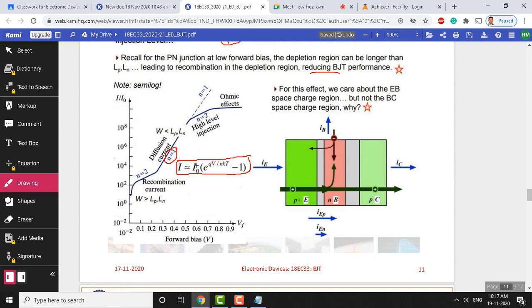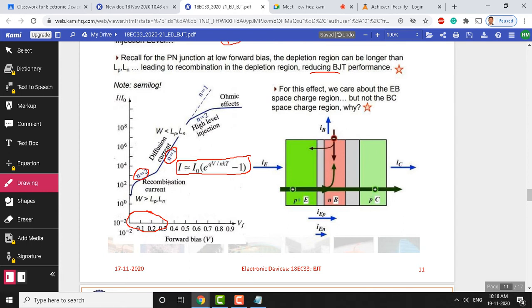But let us see what happens when the forward voltage is very less. When the forward bias voltage is very less, you can see that this expression now has to be substituted with N equal to 2. So, when we substitute N equal to 2, a lot of current has to flow in the PN junction for a smaller voltage.